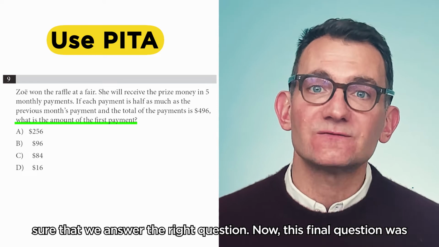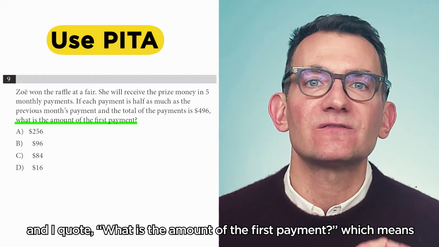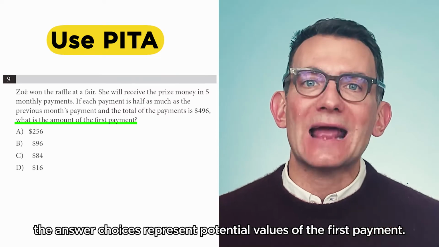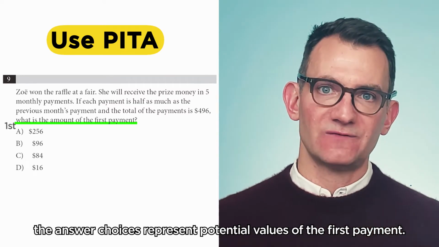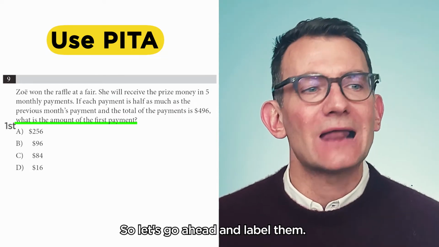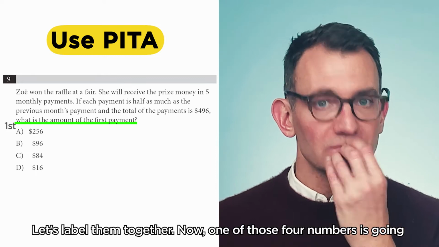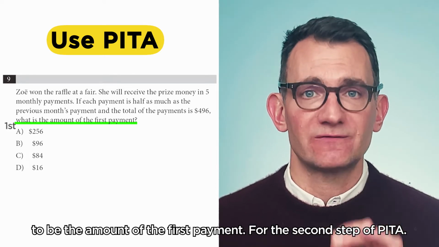Now, this final question was, and I quote, what is the amount of the first payment? Which means the answer choices represent potential values of the first payment. So let's go ahead and label them together. Now, one of those 4 numbers is going to be the amount of the first payment.